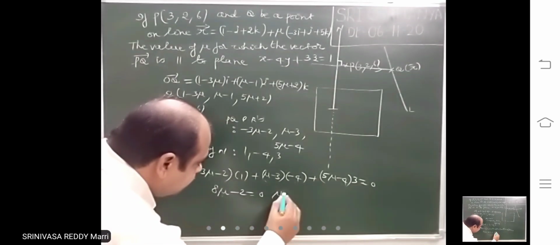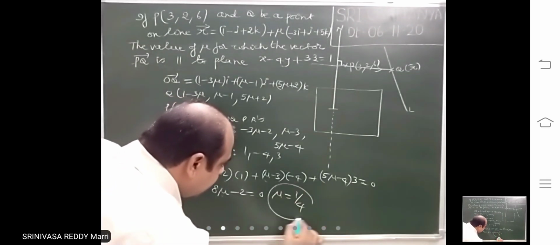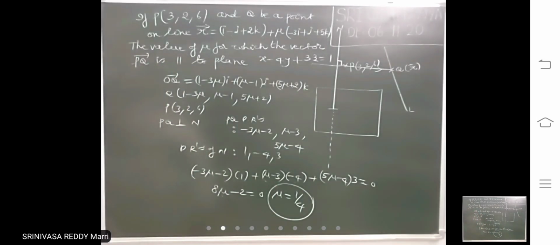That means mu is nothing but 1 by 4. Mu is nothing but 1 by 4.